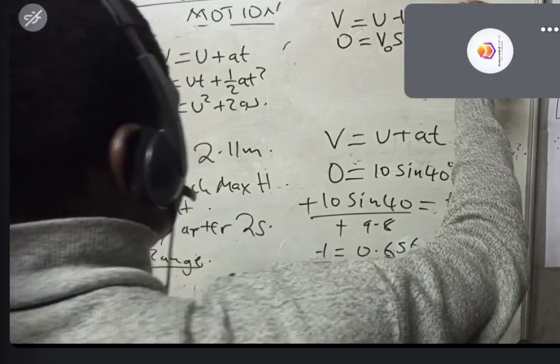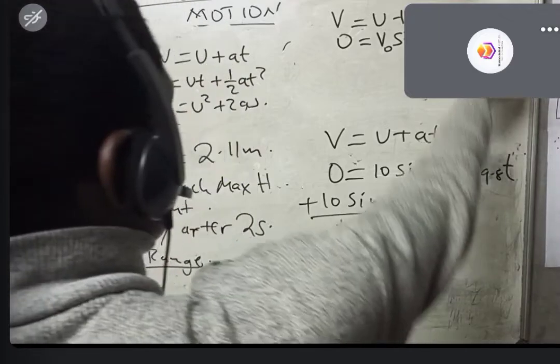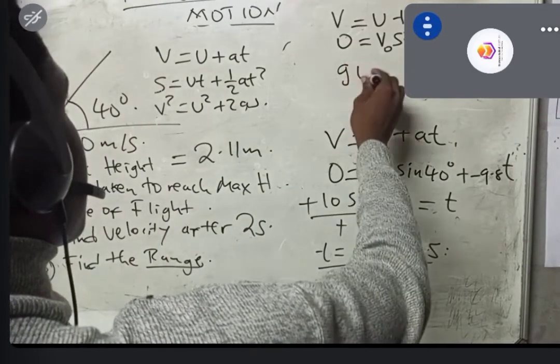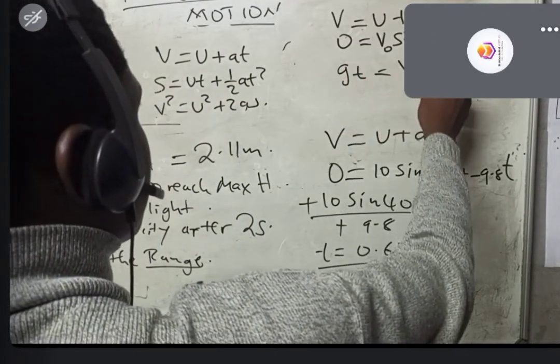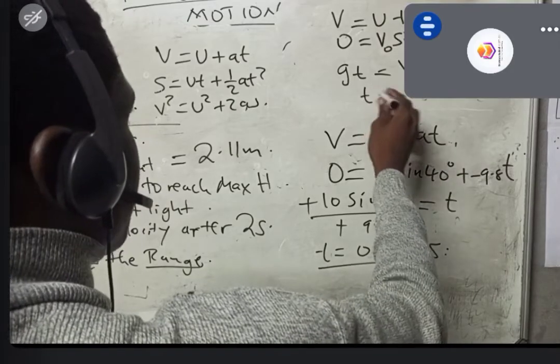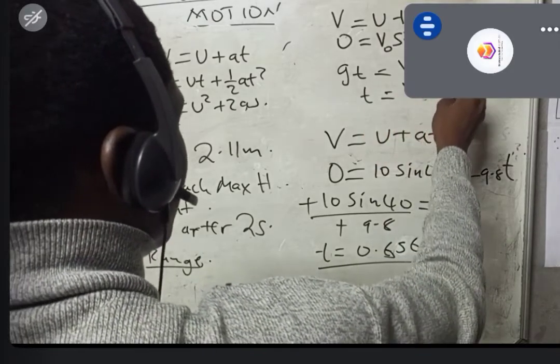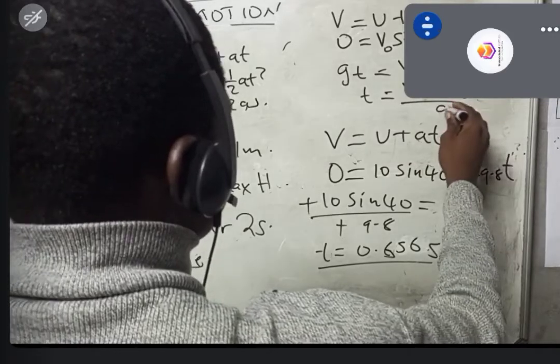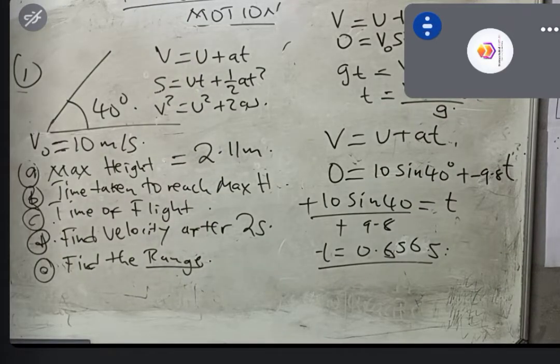So negative g times t comes the other side and becomes gt. You divide by g. The time becomes V naught sine theta over g. This is a formula that I'm going to tell you: master this formula. We use this formula to find time. Try to substitute there to see what you're going to get.